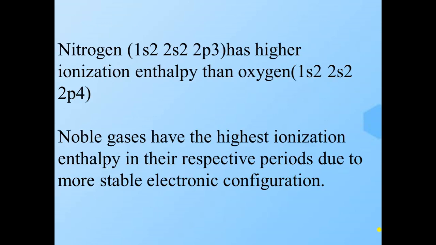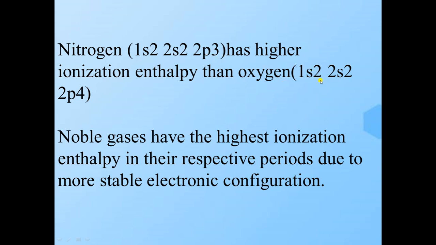Now the next example is nitrogen and oxygen. The electronic configuration of nitrogen is 1s2, 2s2, 2p3. The atomic number of nitrogen is 7 and the atomic number of oxygen is 8, and its electronic configuration is 1s2, 2s2, 2p4. Now here you will observe that only 3 electrons are present in the 2p orbital. So it is half filled, because in the 2p orbital a total of 6 electrons can be filled, and half filled electronic configurations are more stable.